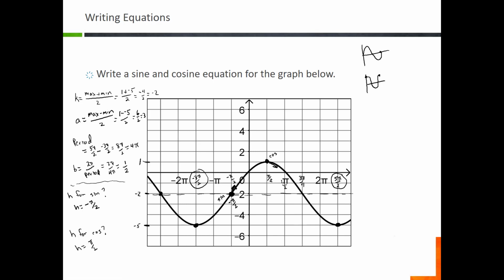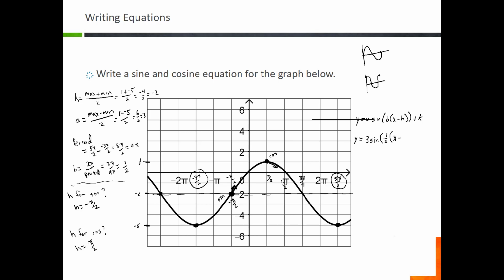So let's put all this together and write our functions. For sine, again, it's y equals a sine of b times x minus h, close parentheses, plus k. So we have y equals a, which we said was 3, times the sine of b, which we said is a half, times x minus h.